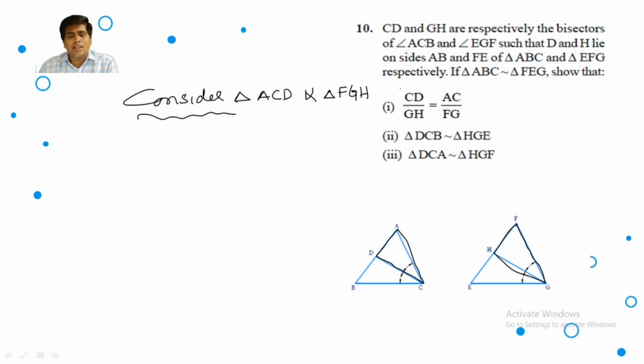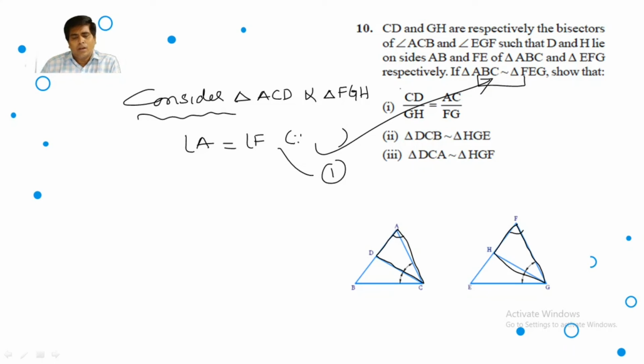In these two triangles, clearly angle A is equal to angle F, since these are similar triangles. So angle A is equal to angle F. You can give the reason that these are similar triangles. This is the first equation. Not only that, angle C is equal to angle Z, already it is equal. What about their halves?